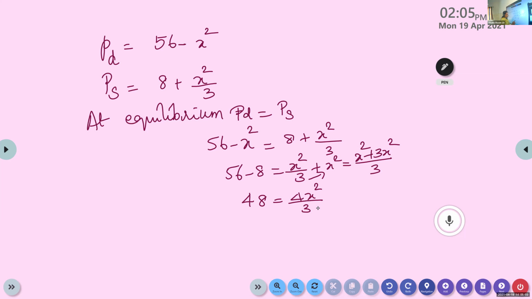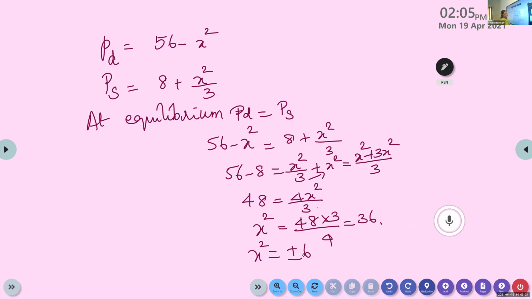So from here, find out what is x square. It is 48 into 3 by 4, isn't it? 12, so we'll get 36. So x square is 36, x is plus or minus 6.